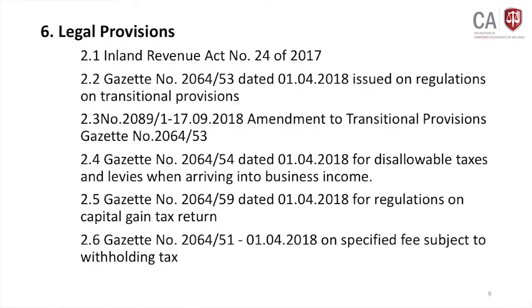Then to do this company taxation question, what are the legal provisions applicable? The main provision is Inland Revenue Act number 24 of 2017 and the relevant gazette notifications. Among those, I have explained the Transitional Provisions Gazette notification, the amendment to the Transitional Provisions Gazette notification, the disallowable taxes and levies, and the capital gain tax return, which is applicable at the time of applying the tax rates.